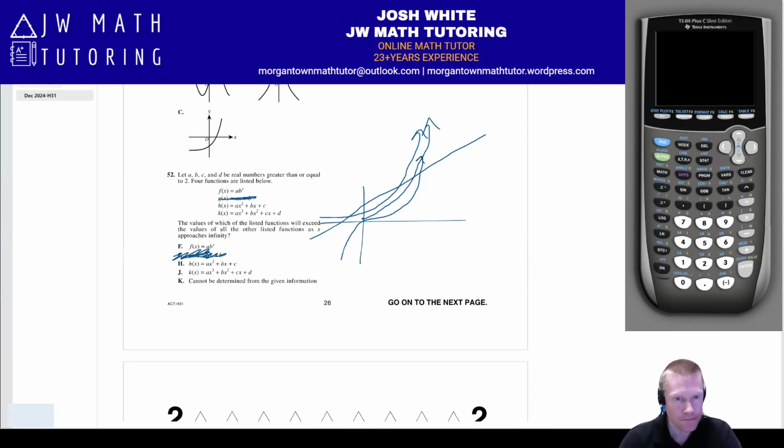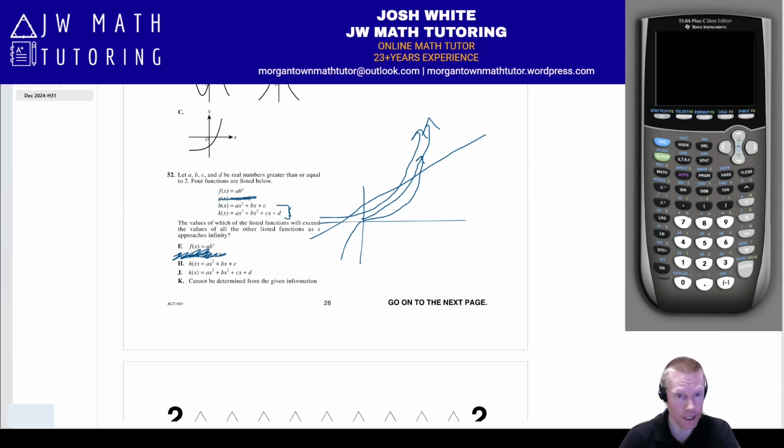Now, when comparing the others, you should recognize that for the polynomials, the quadratic and the cubic, the leading terms, meaning the highest degree terms, the ax cubed and ax squared, are what determine the behavior of the function.